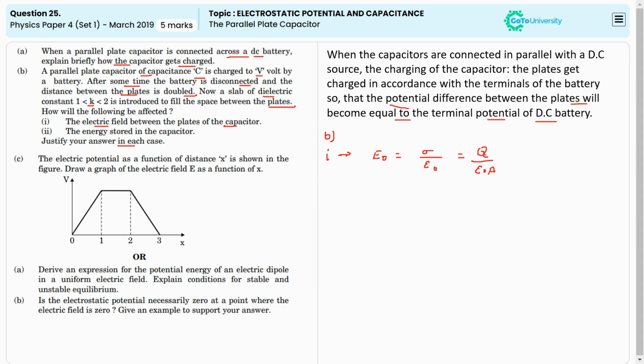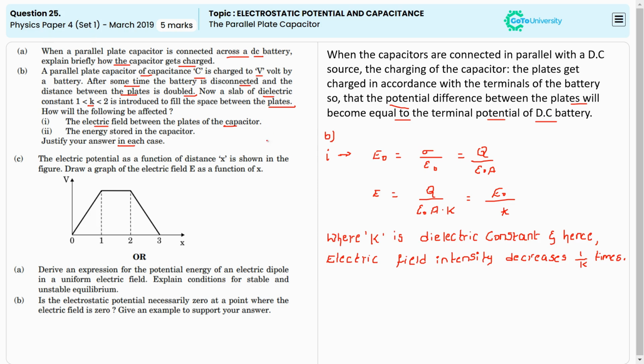If the dielectric is inserted, then E is equal to Q divided by epsilon naught times A times K. We can write this as E naught divided by K, where K is the dielectric constant, and hence the electric field intensity decreases to 1 by K times.